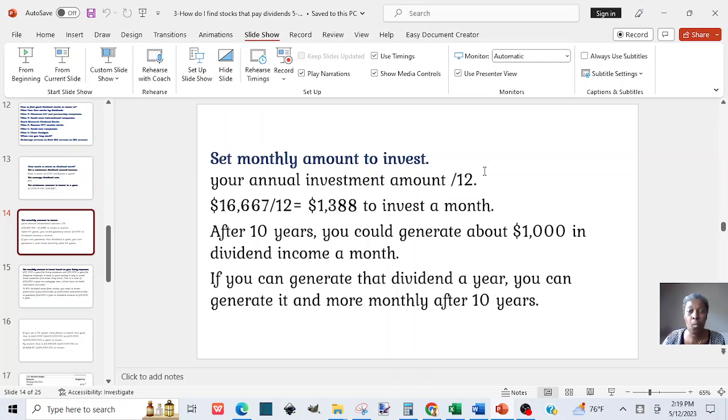By earning that $1,000 a year for 10 years, and it's getting reinvested with everything that you continue adding to it, we can safely assume, without doing too much calculation, that it will grow exponentially for you to be earning about $1,000 in dividend income a month.